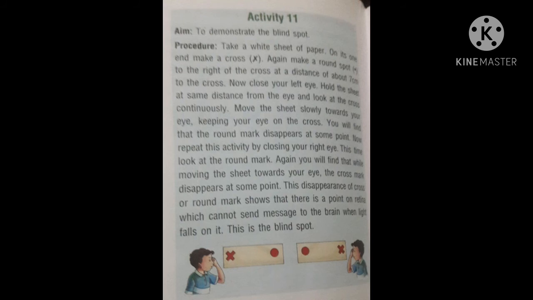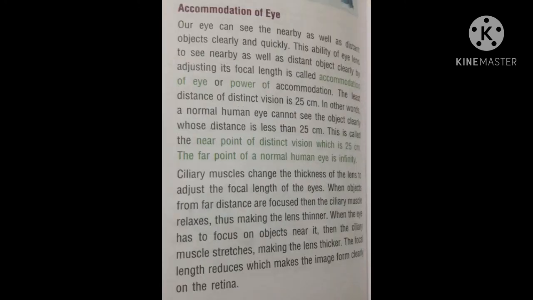Again you will find that while moving the sheet towards your eye, the cross mark disappears at some point. This disappearance of the cross or round mark shows that there is a point on the retina which cannot send messages to the brain when light falls on it, and this is the blind spot.